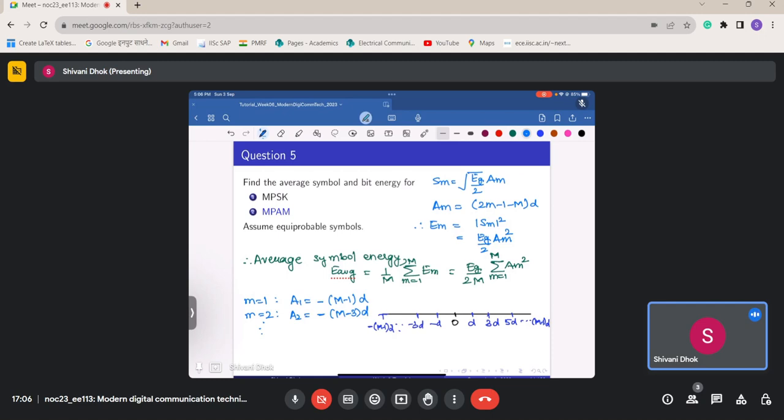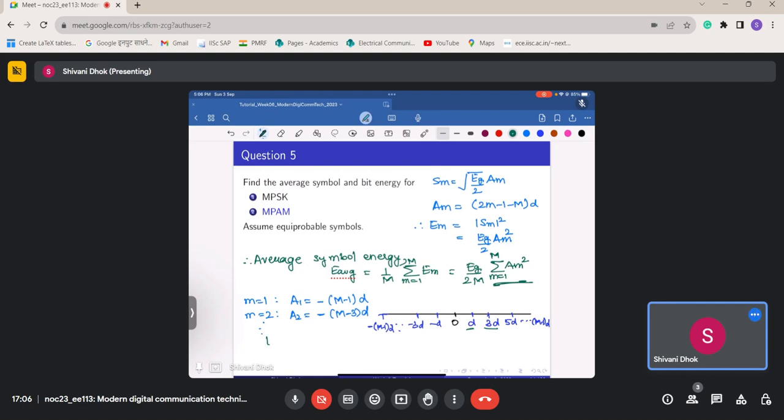Okay, so therefore this E average, this summation will be the summation of d square plus 3d square plus 5d square and so on, plus the summation of minus d square, minus 3d square and so on. Now again if we observe carefully, (M minus 1)d whole square is equal to minus of (M minus 1)d whole square.